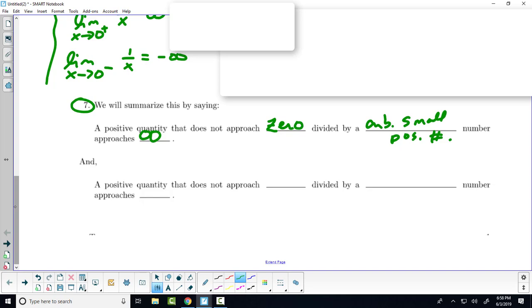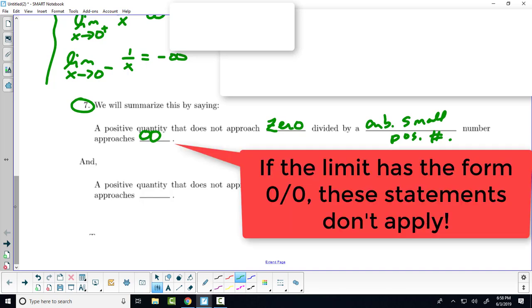The thing that is critical here is this might be 23.1, and this might be 23.01, and this might be 23.001 as you're evaluating limits, but it's approaching a positive number. Specifically, it's not approaching 0. If both of these are approaching 0, these statements in 7 don't apply.